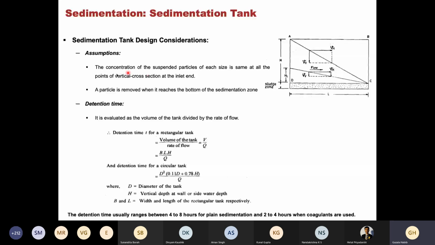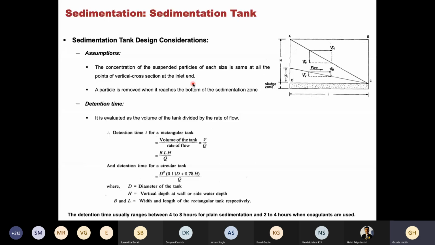The concentration of the suspended particles of each size is the same at all points of the vertical cross section at the inlet end. So it's a homogeneously mixed water, and for each size the same concentration is there, which is an ideal assumption that does not happen in a real situation. A particle is removed when it reaches the bottom of the tank.